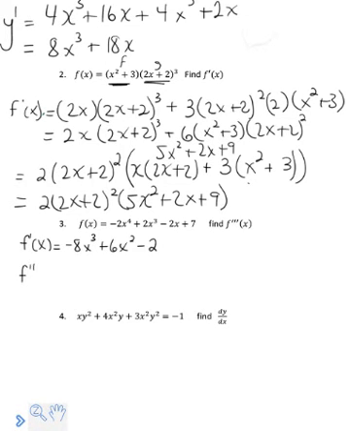F double prime is negative 24x squared plus 12x. And then the third derivative is negative 48x plus 12.